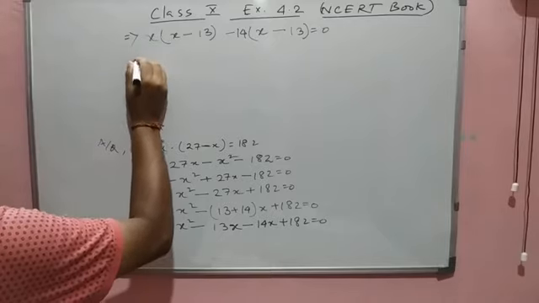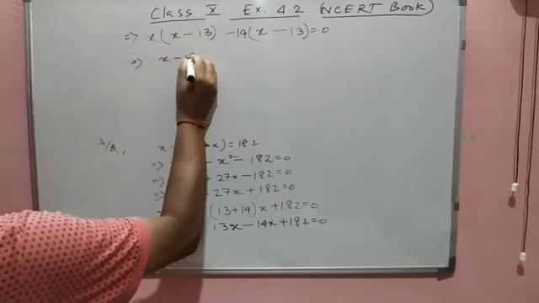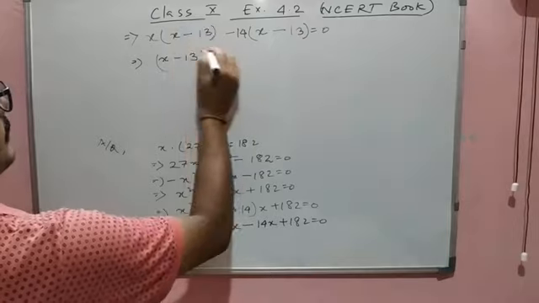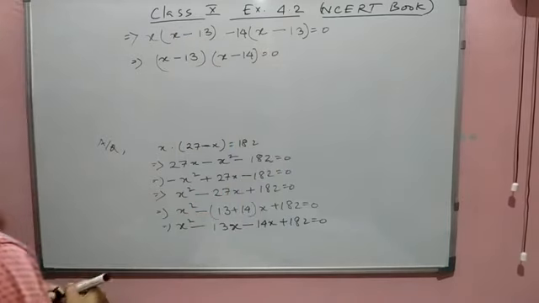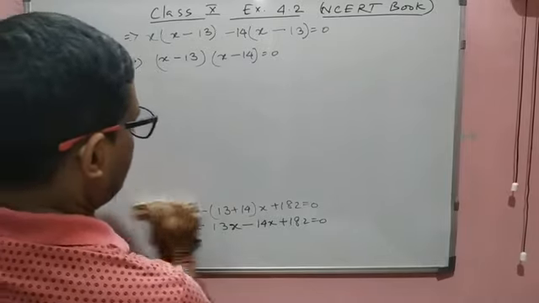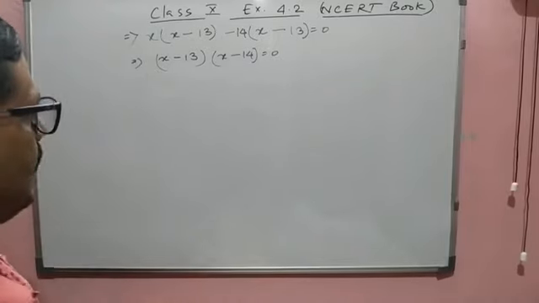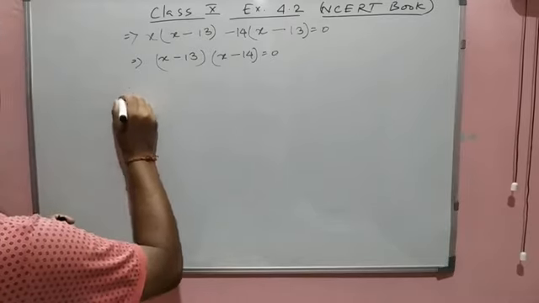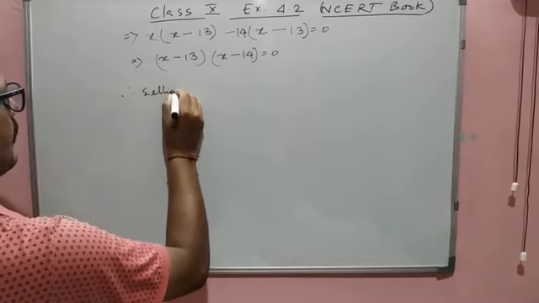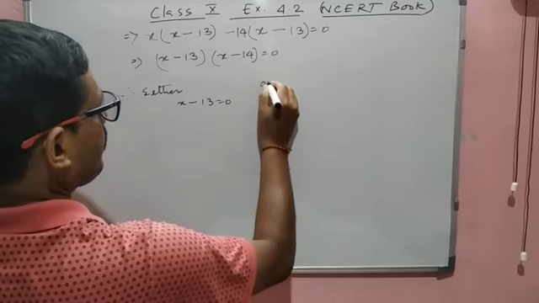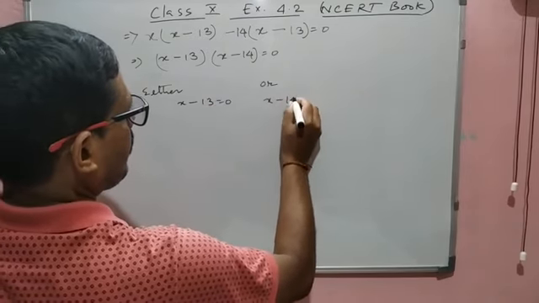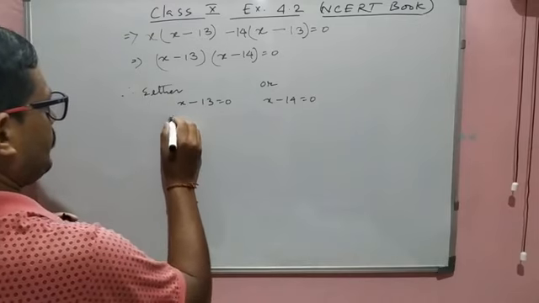Now again we take x minus 13 common, and it will be x minus 14 equal to 0. Therefore either x minus 13 equal to 0 or x minus 14 equal to 0.